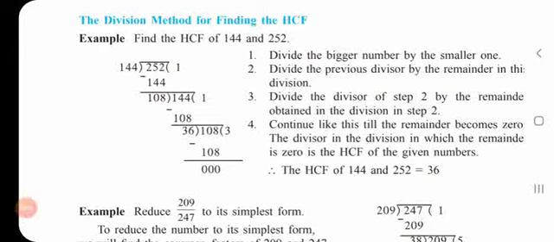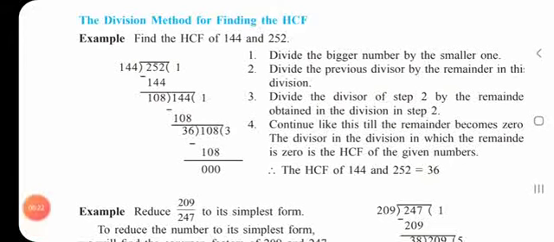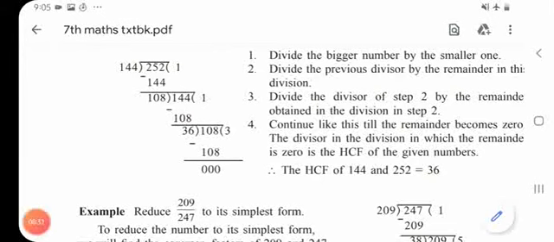Here 144 ones are 144, remainder will be 108. So by that remainder 108 we will now divide the previous divisor, which was 144. So dividing 144 by 108 gives a remainder of 36.